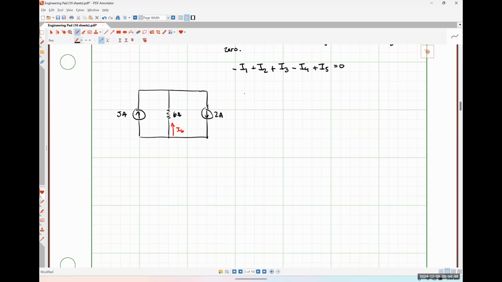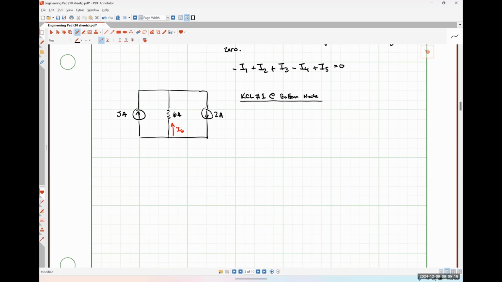So KCL at bottom node. And I'm just making a note of this so that we can make sure that we're obeying the rules correctly. Somebody else tell me if we want to look at KCL formulation 1, 2, or 3. 1. All right.